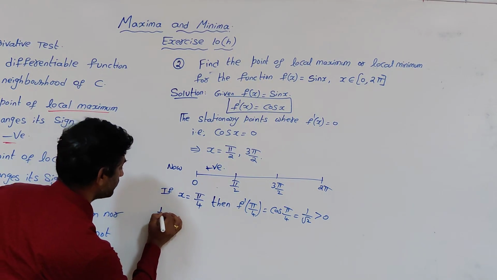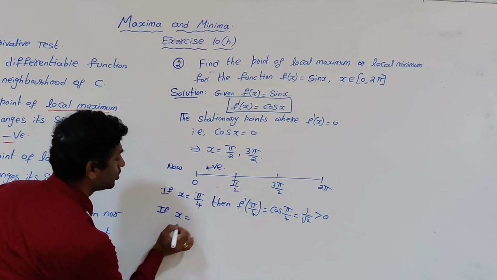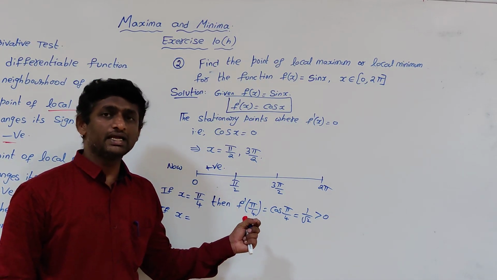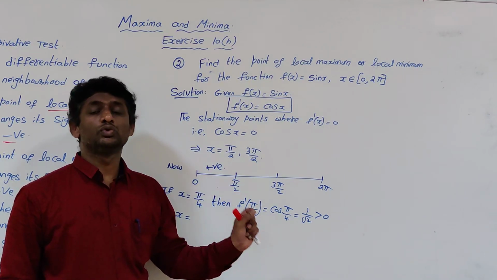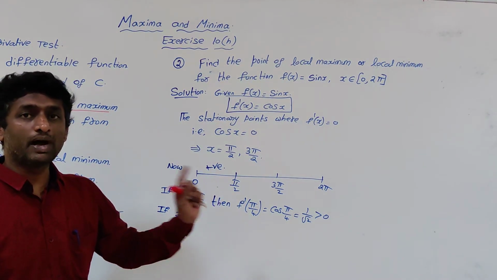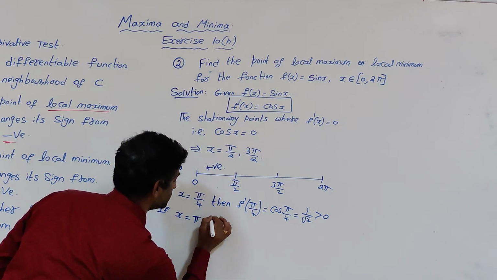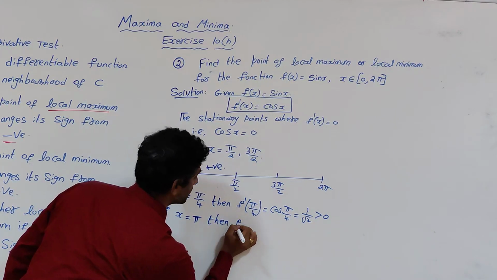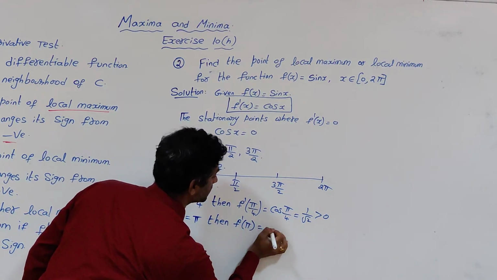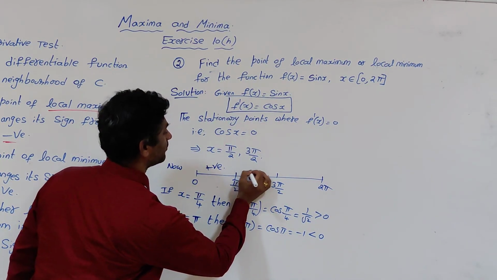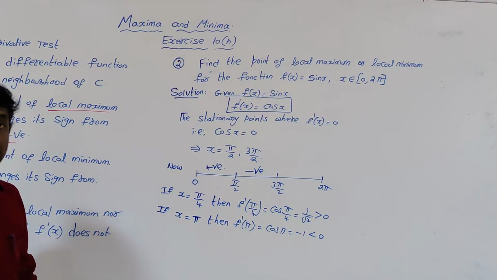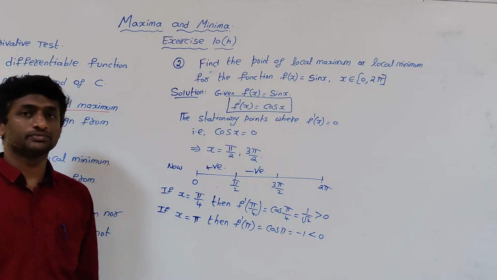Next, if x is any angle in between 90 to 270, if I choose pi, then f dash of pi will be cos pi, which is minus 1, which is less than 0. Means we are getting a negative sign in between pi by 2 to 3 pi by 2.